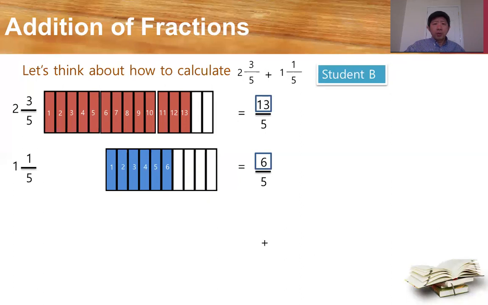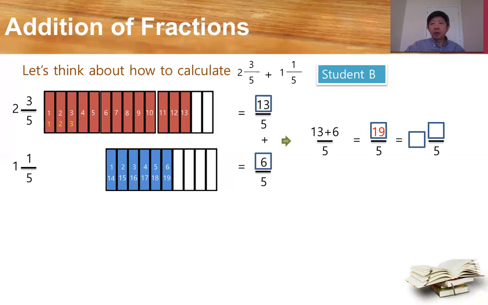We have improper fractions, so add together. We have 13 plus 6, which is equal how many? Which is 19, right? 19/5, we change this into a mixed number.